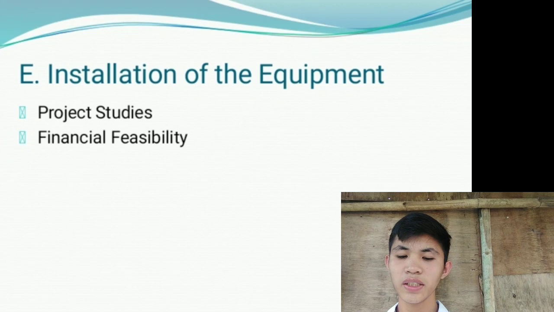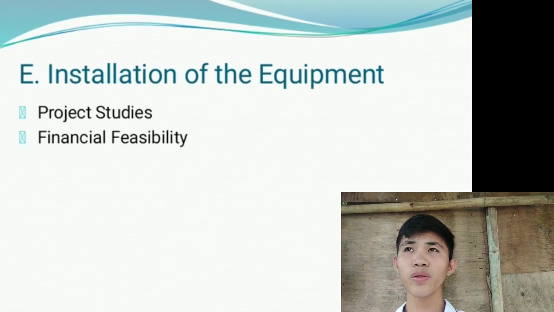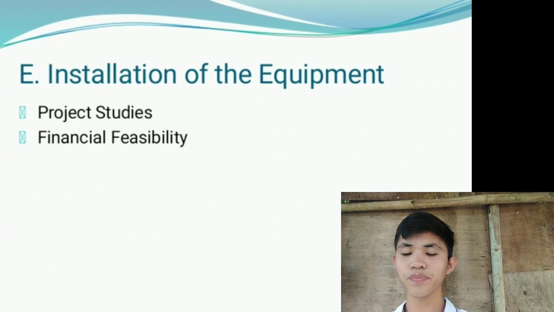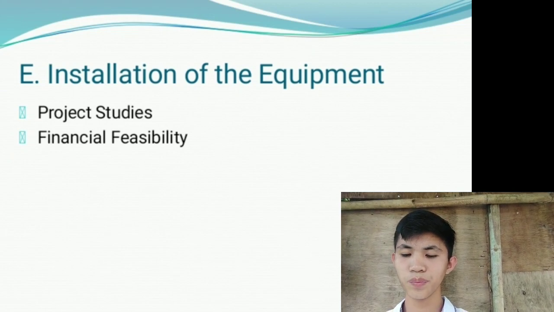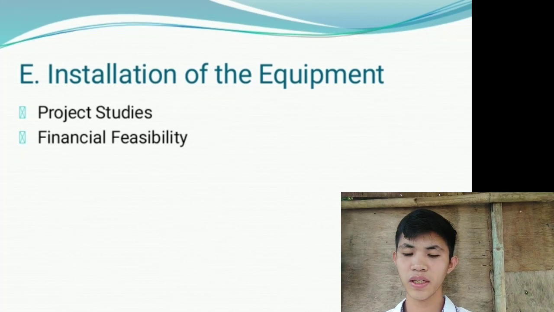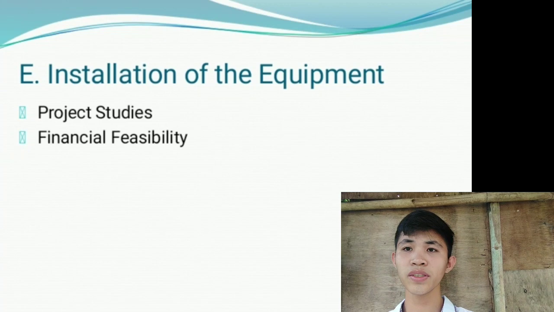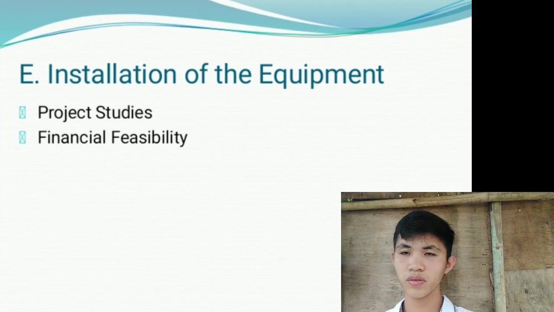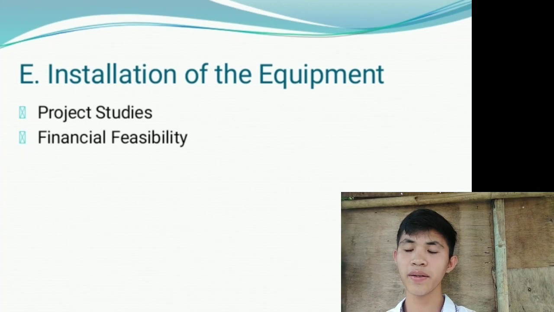Then letter E, the installation of the equipment. When we are going to install any equipment, our plan or project must have a project study. If there is no project study, we are just wandering around without a plan.